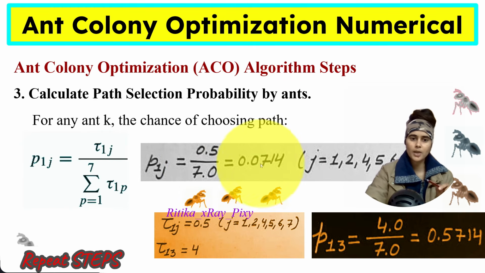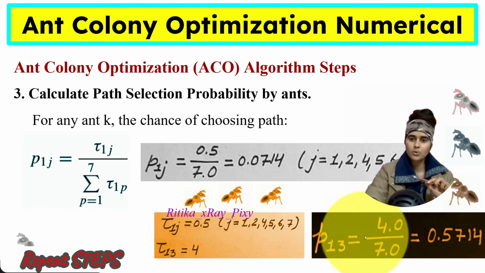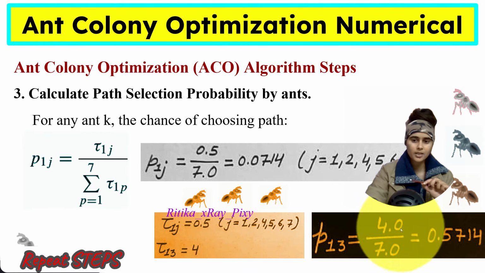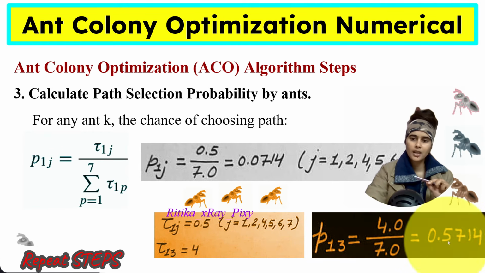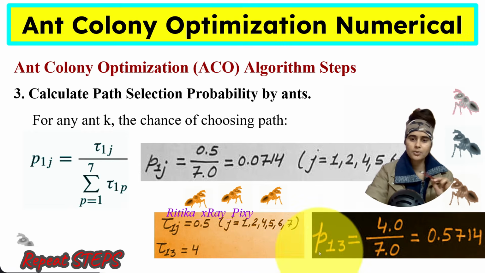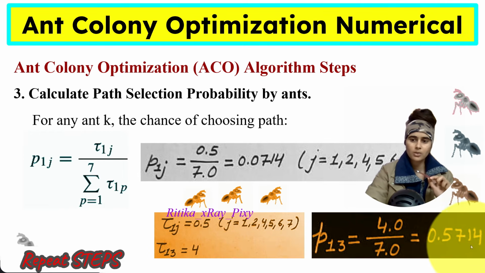We got this value. Then the probability of selecting the best path is 4.0, the pheromone level on the best path, divided by 7. So we got the value for this route, 0.5714.